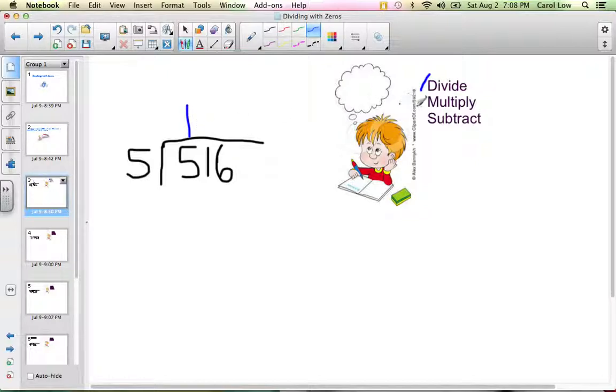The next step, I multiply. I do 1 times 5 equals 5. The next thing I do is subtract. 5 take away 5 is 0. And then I bring down the next number. And then I start dividing again. I say to myself, how many times can 5 go into 1?